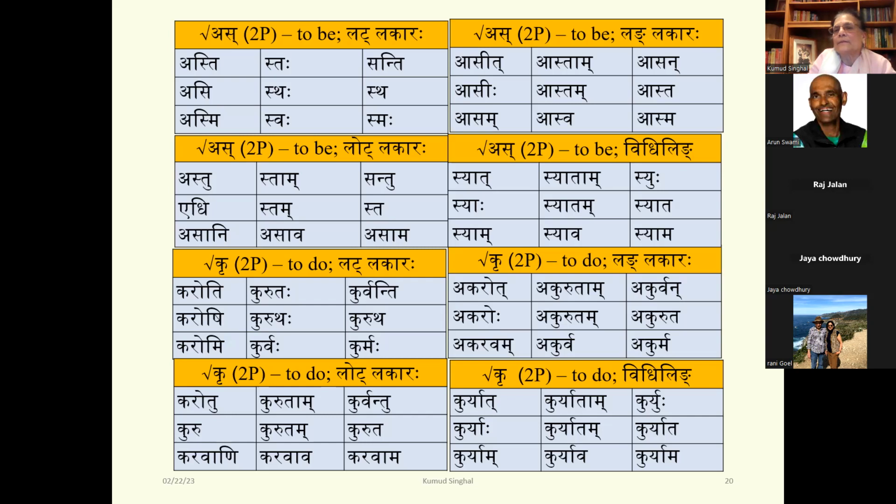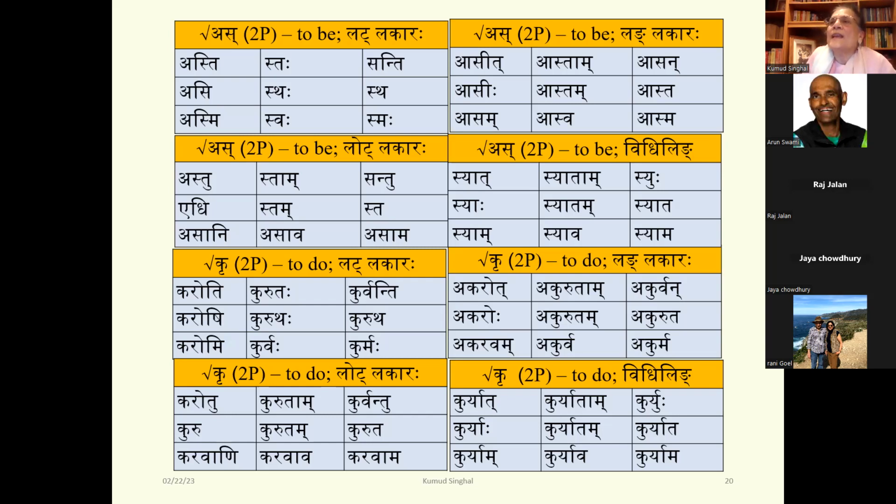Kumuji, what would help, and I really appreciate all the practice you have been giving us, is practicing some of these different verb forms, which will help us learn over time. Arun, could you speak up? Sorry. The exercises you have been giving really help me, for example with the visarga sandhis. The same thing with these different verb forms.